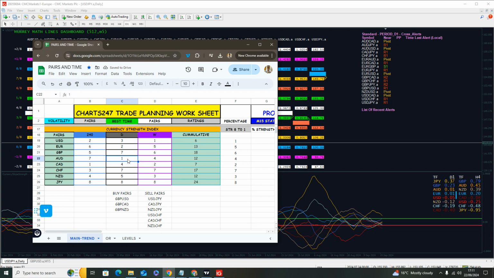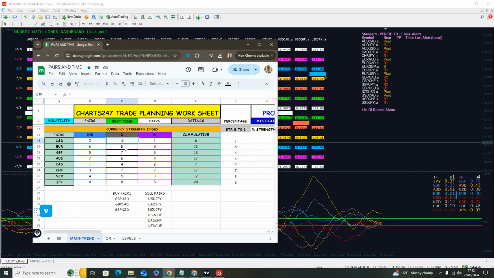You have to note this, and I always like to write this down. So this is now 6. Oops, why did I write 5? The Australian dollar is 6. The euro is 5. The euro also has increased in strength. The US dollar is now 4. That one has ticked up 1 level.